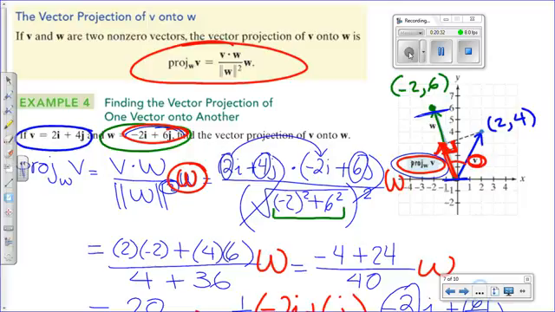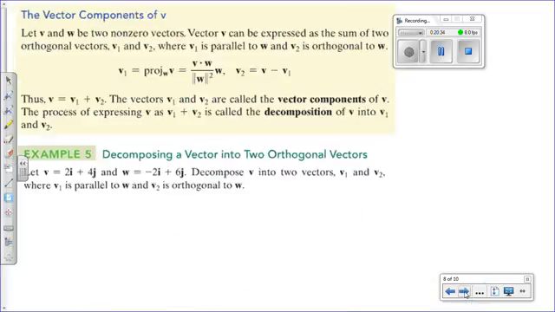All right, so let's go to the next slide for the next problem. That one talks about how to decompose two vectors. To decompose two vectors, we're going to let V and W be two non-zero vectors. The first one, vector V, we're going to express as the sum, the addition, of two vectors that happen to be orthogonal.